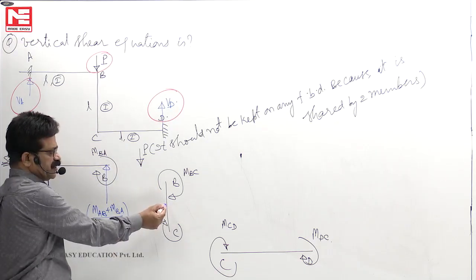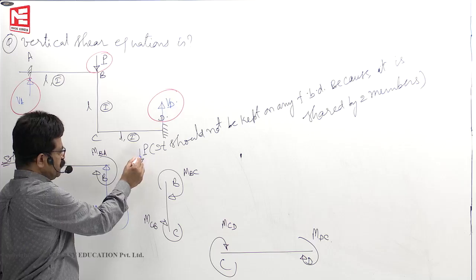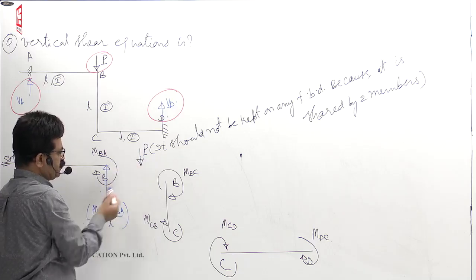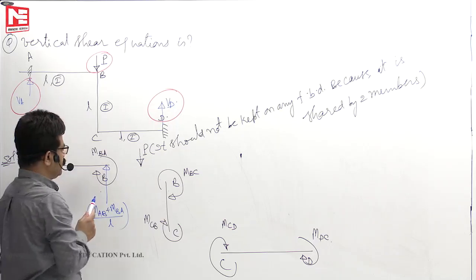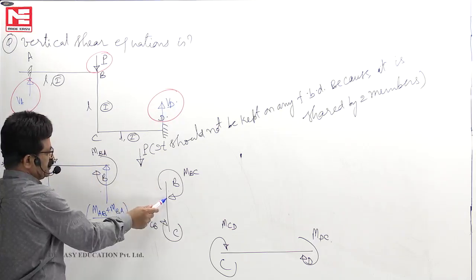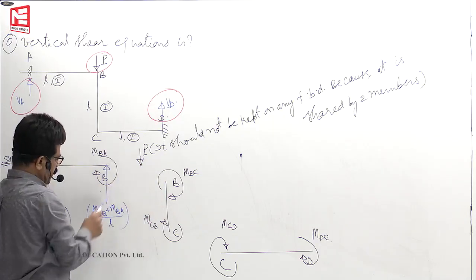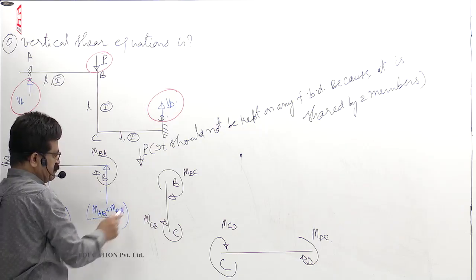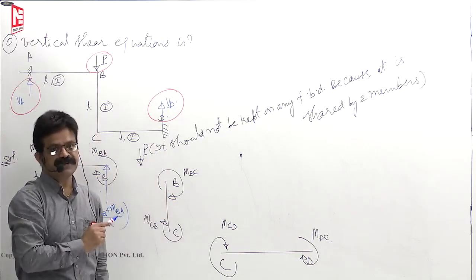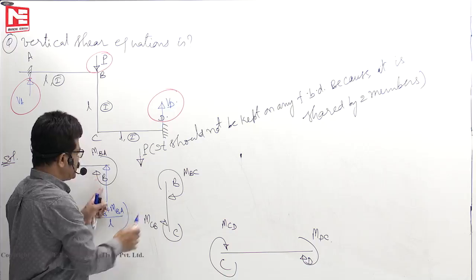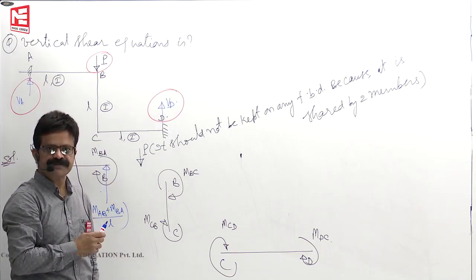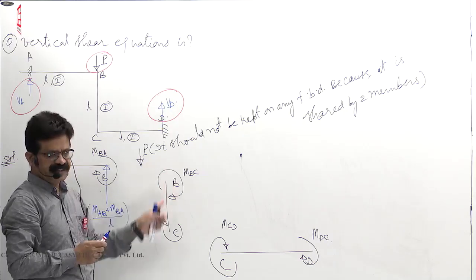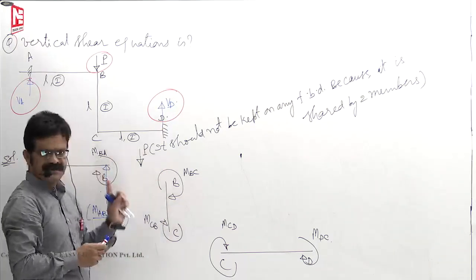How much you have to show here? Actually, out of P, this fellow has taken so much. Now, net force is how much? This plus this must be equal to P. That means, at this point, how much force will be there? P minus the MAB plus MBA by L amount of force downward will be there. Then, when you add this and this, that will be equal to this one. So, that's why we don't show anything here and here, because you don't deal with this one.